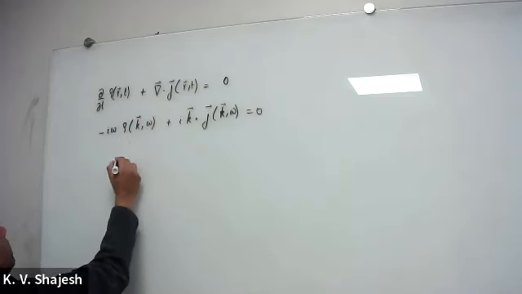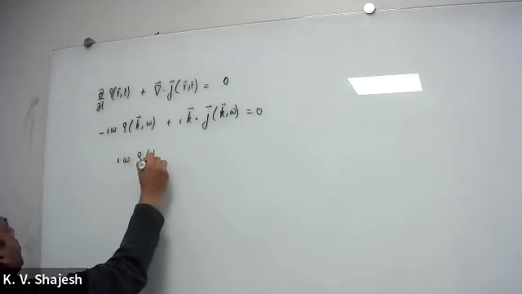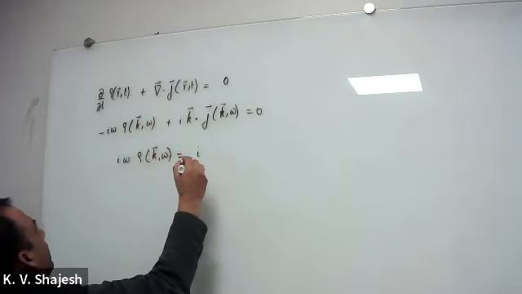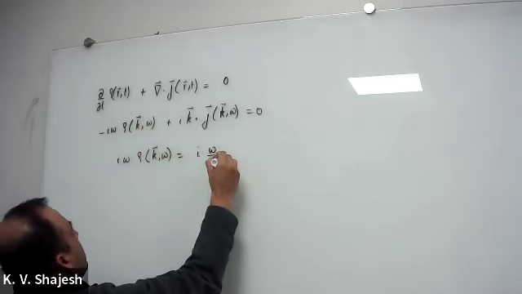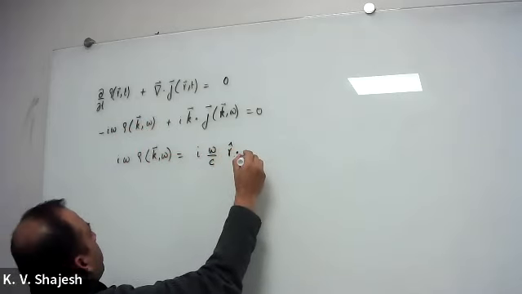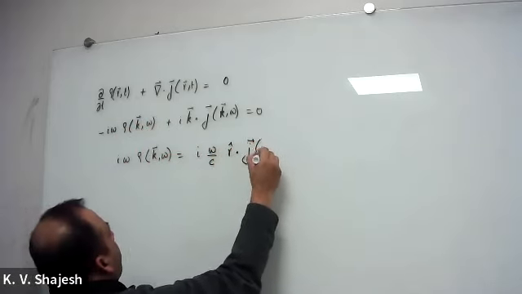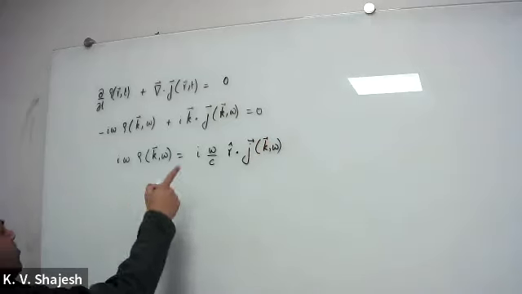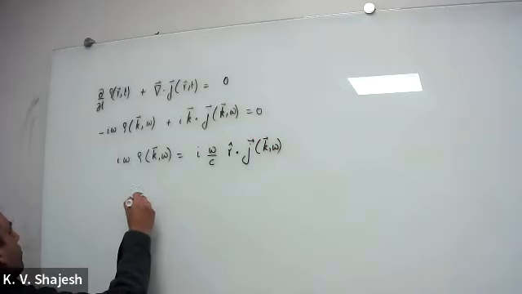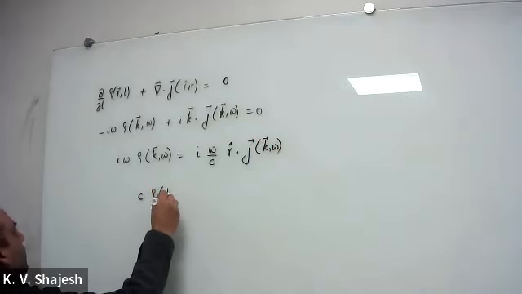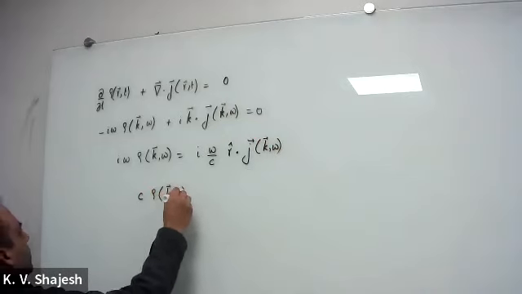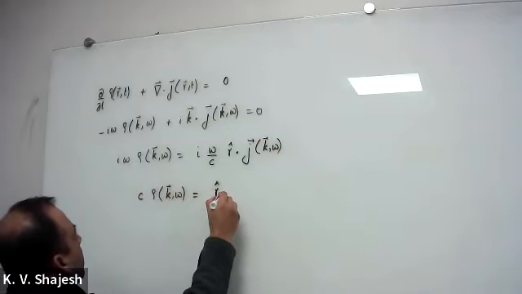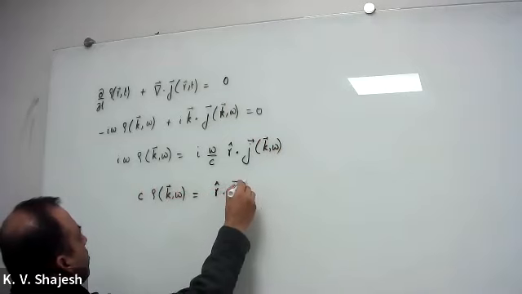So i omega rho of k omega is equal to i omega over c times r hat dotted with j of k omega. I omega cancels out, so we have c times rho is nothing but r hat dotted with j of k omega.